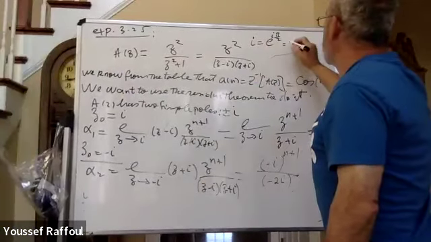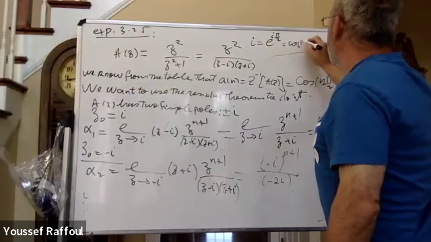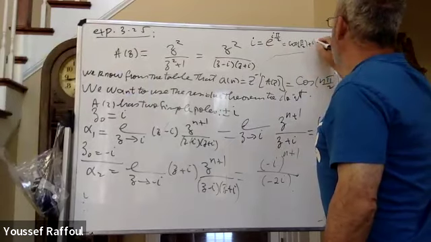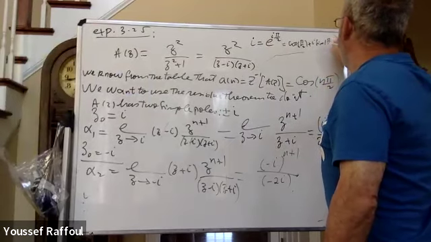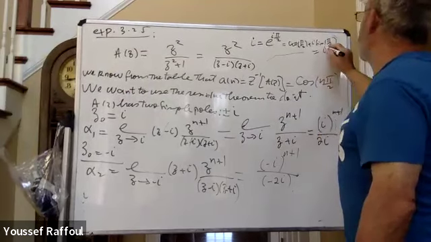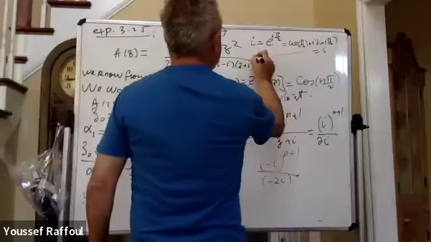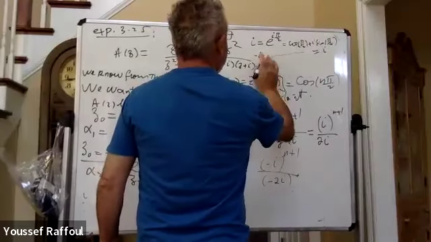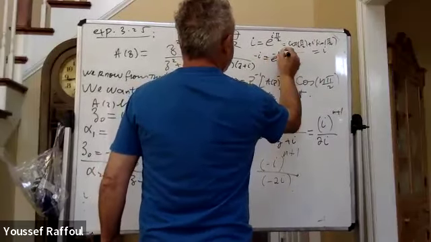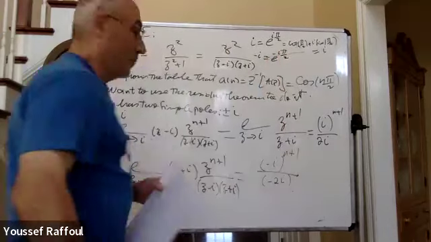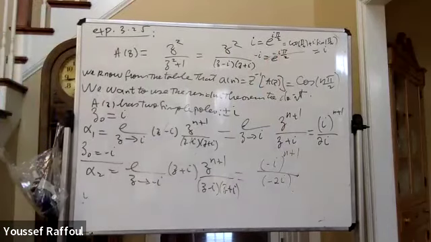Because this is equal to cosine of pi over 2 plus i sine of pi over 2, and that is i. You see? Similarly, minus i is e to the minus i pi over 2.